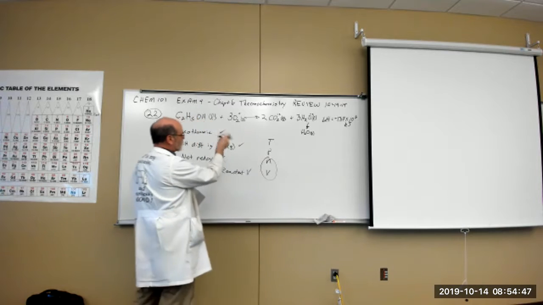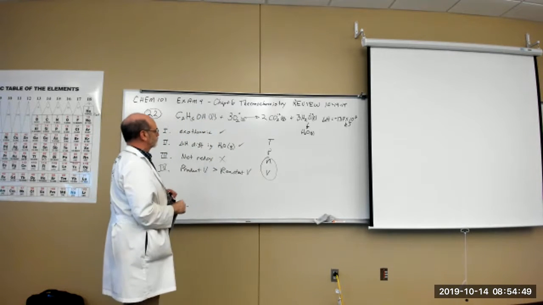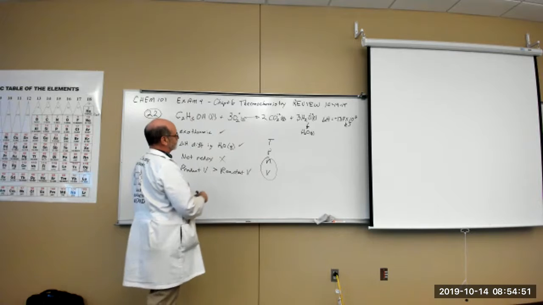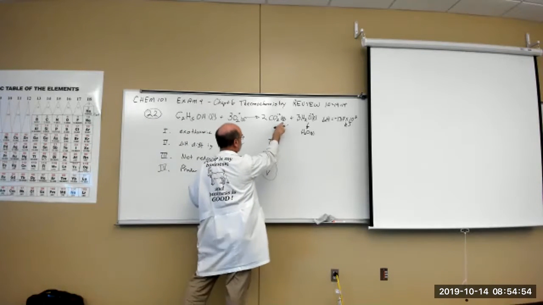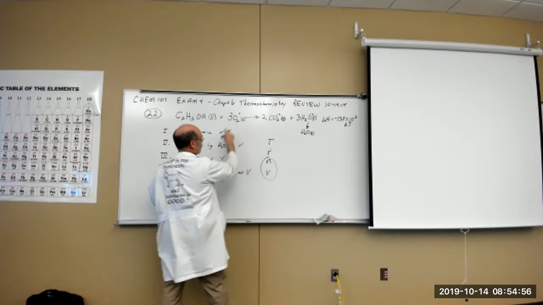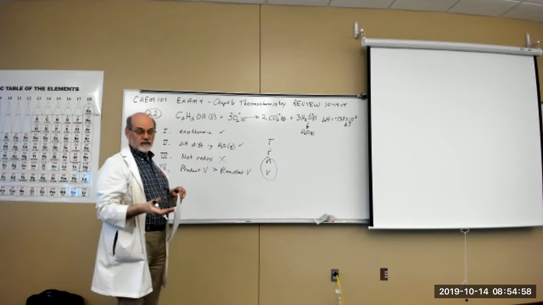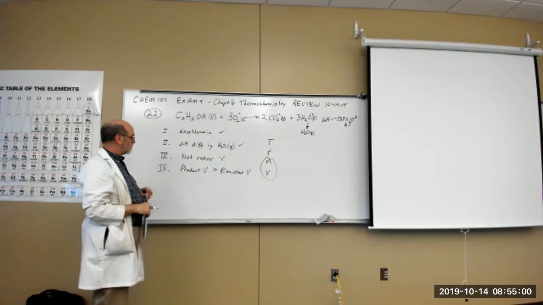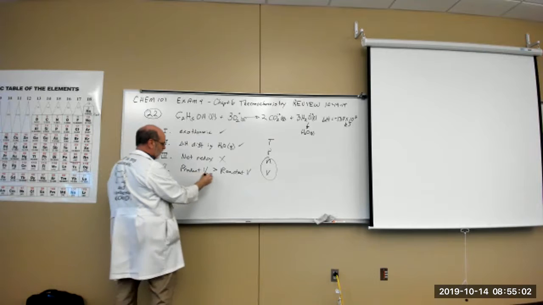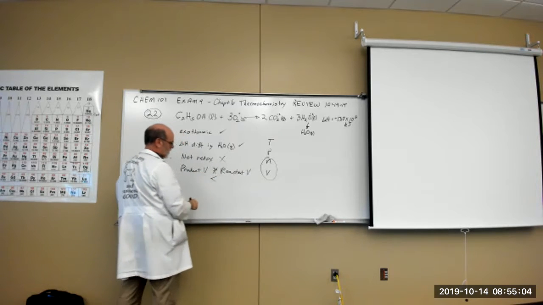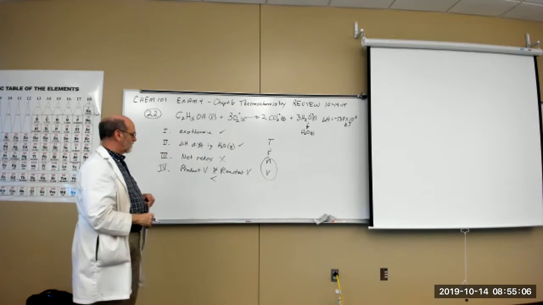So which side do you have more moles of gas? Liquids don't count. So there's 2 moles of gas here, 3 moles of gas there. So you started off with more moles of gas, didn't you? So it's actually the other way around. You have more reactant volume than product volume.